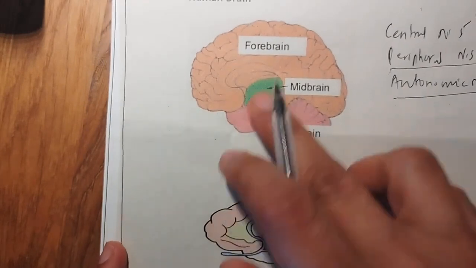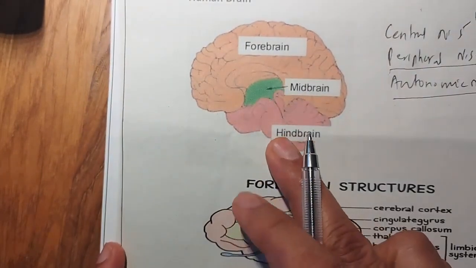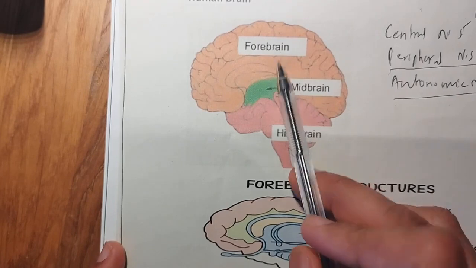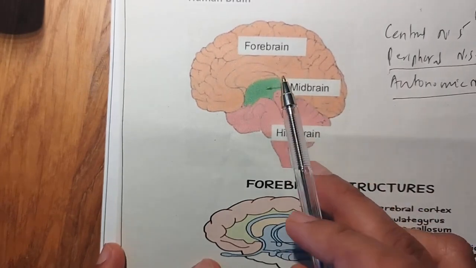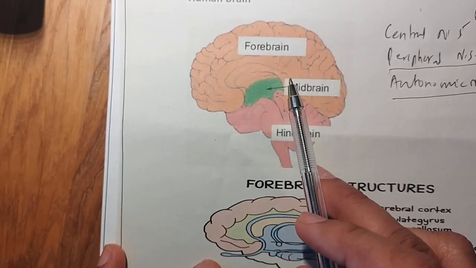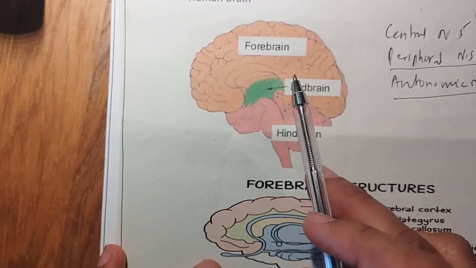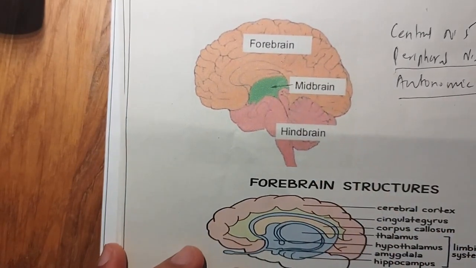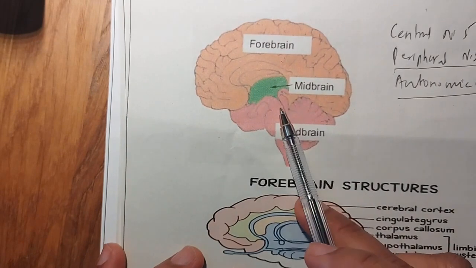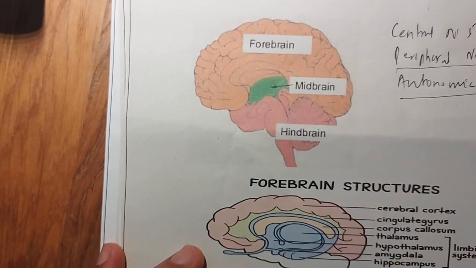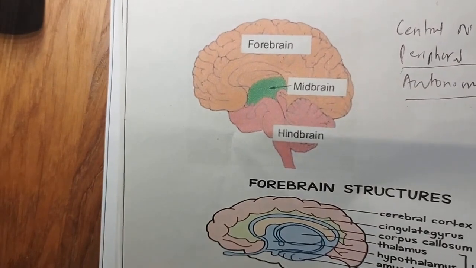The central nervous system, the brain and spinal cord, coordinates and controls the responses of the body. They receive information from all over the body and integrate this information.